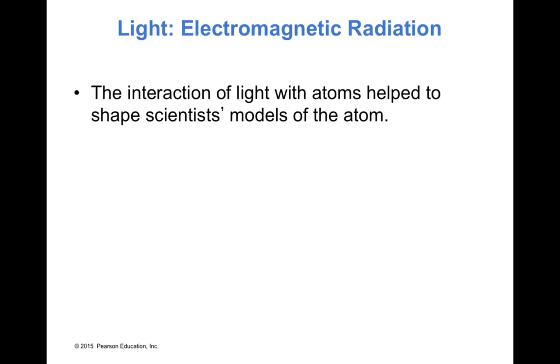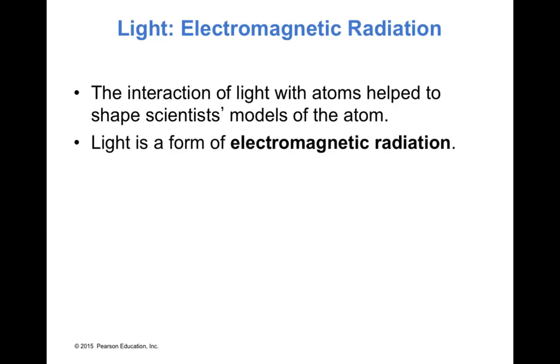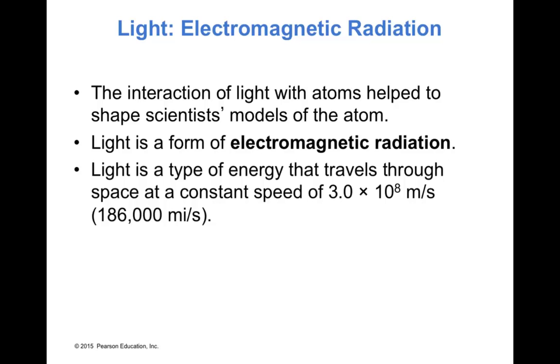One of the most common types of wave is light. The interaction of light with atoms helped to shape scientists' models of the atom. Light is a form of electromagnetic radiation. It's also a type of energy that travels through space at a constant speed of 3.0 times 10 to the 8th power meters per second.